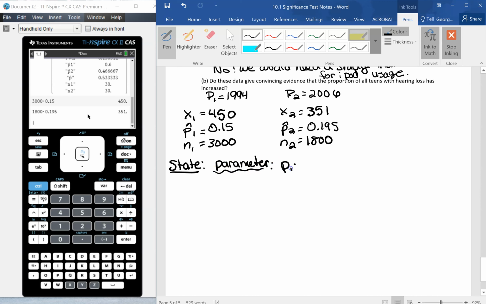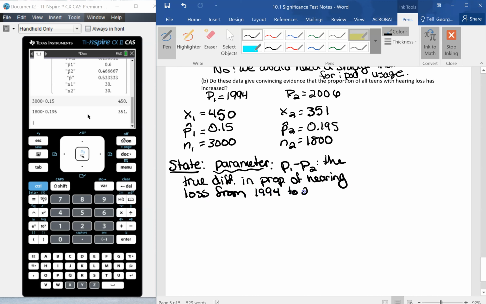So we're at P1 minus P2, and that's the true difference in proportion of hearing loss from 1994 to 2006.